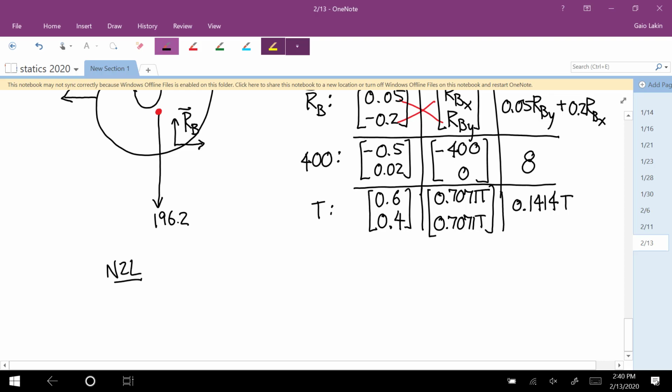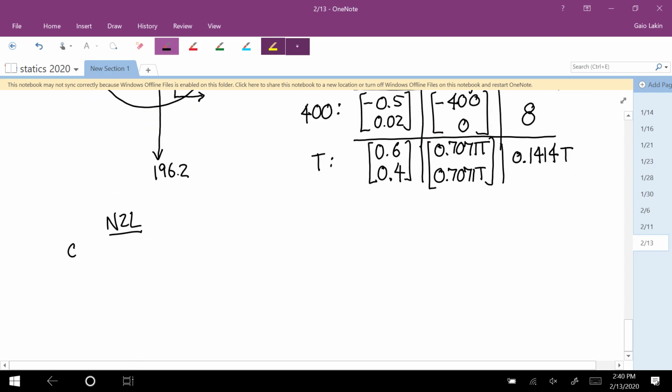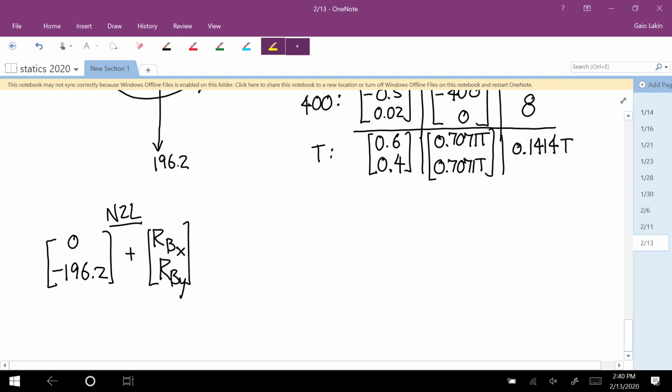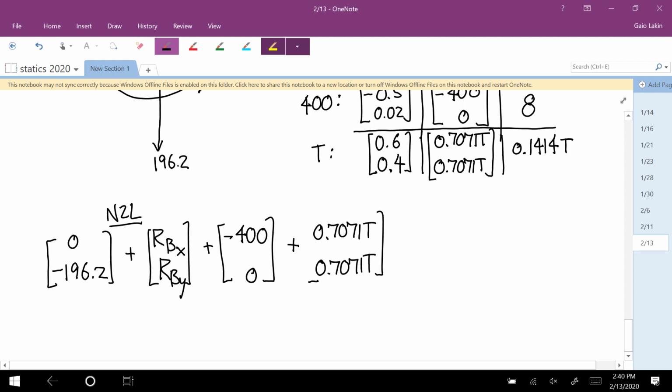So Newton's second law says 0, negative 196.2 plus RBX, RBY plus negative 400, 0 plus 0.7071 T, 0.7071 T is equal to zeros.